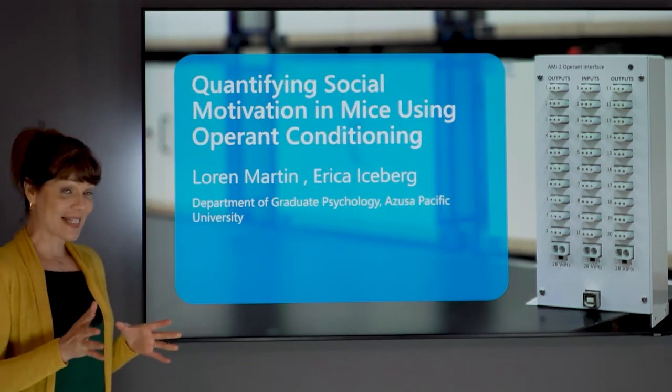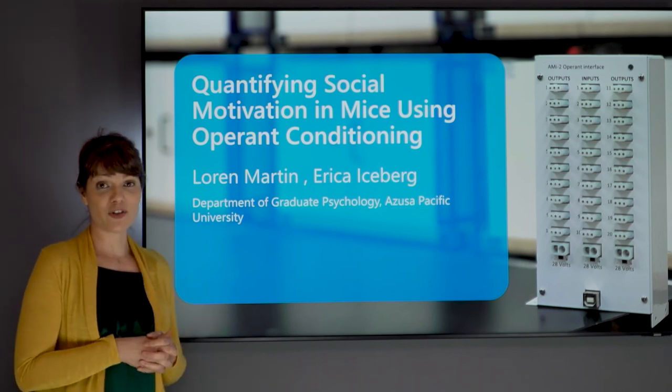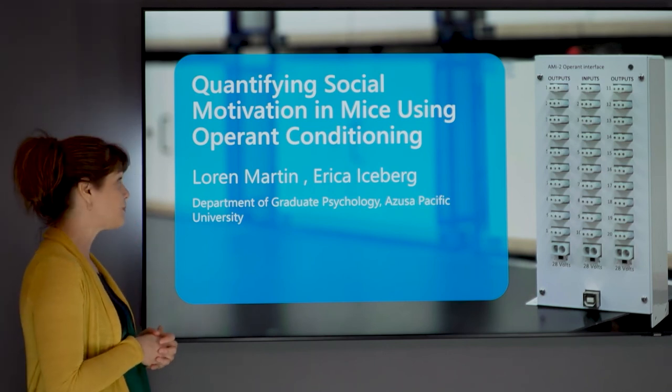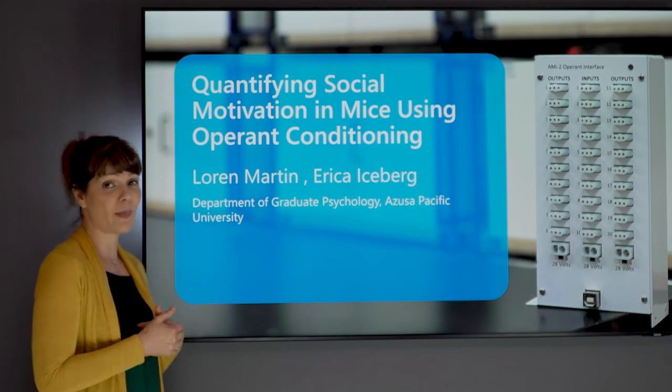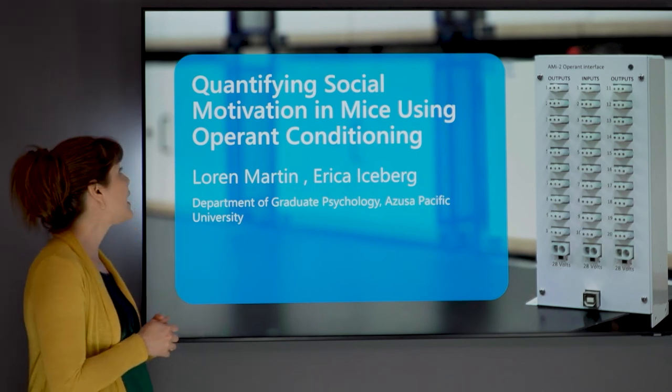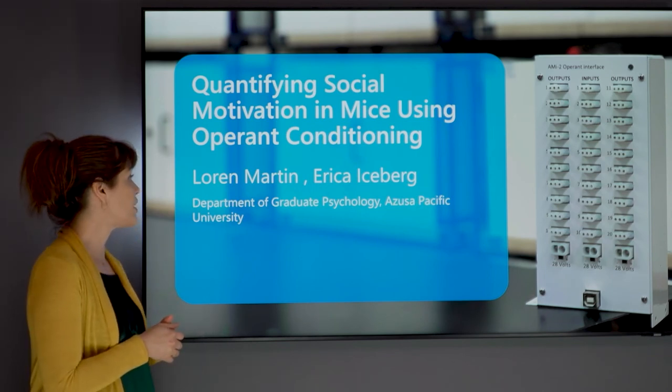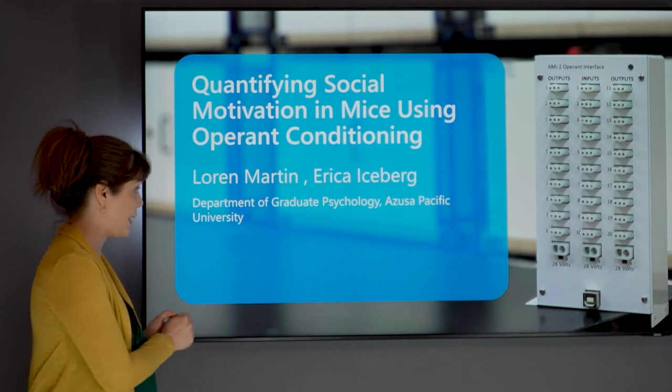So the basic design I took from a study published in 2015 by Martin and Iceberg. It was published in JoVE, and it's called Quantifying Social Motivation in Mice Using Operant Conditioning.